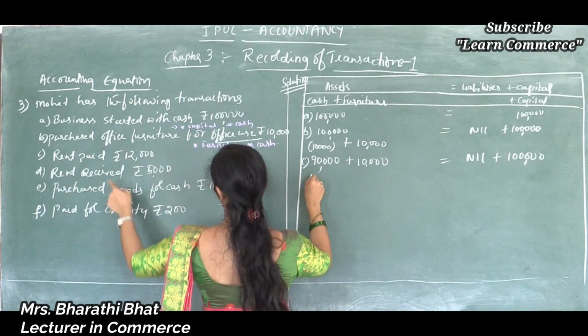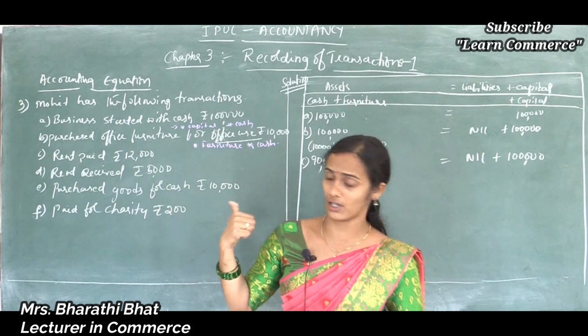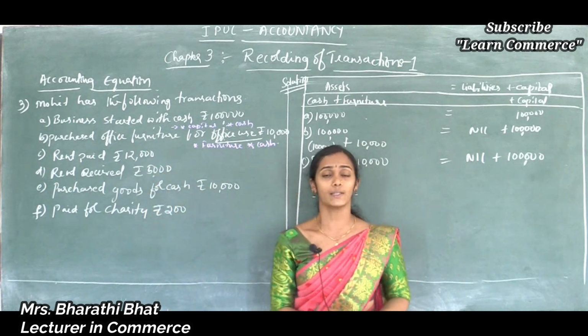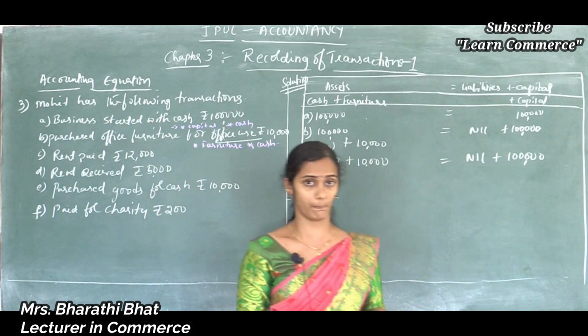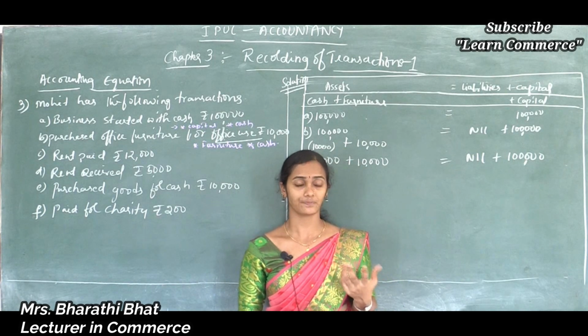So now see the third transaction, rent paid. We already discussed this type of transaction in the previous sum, that is commission paid. How did we treat that transaction?